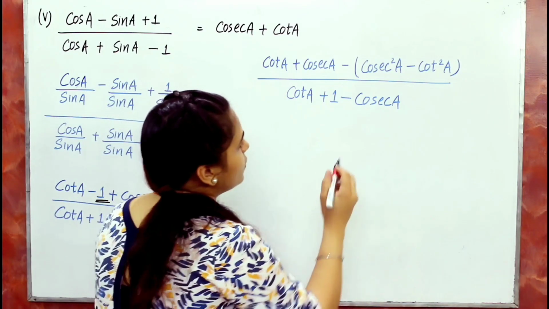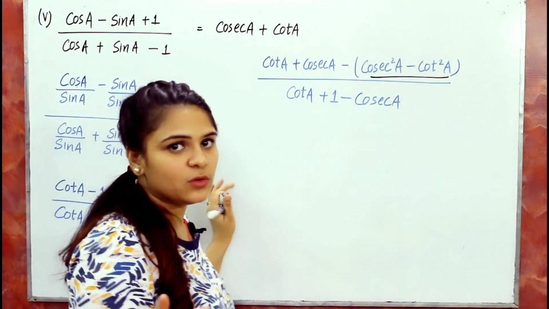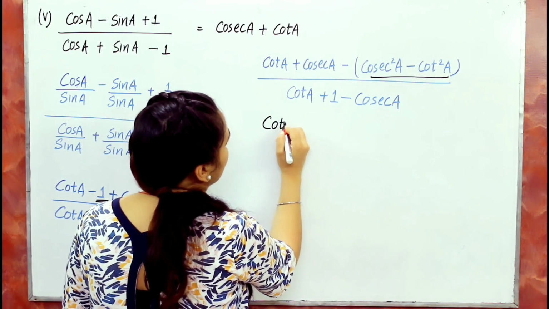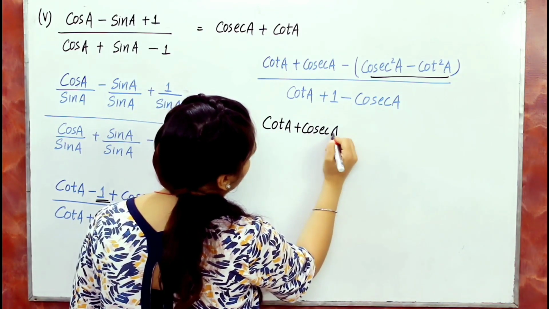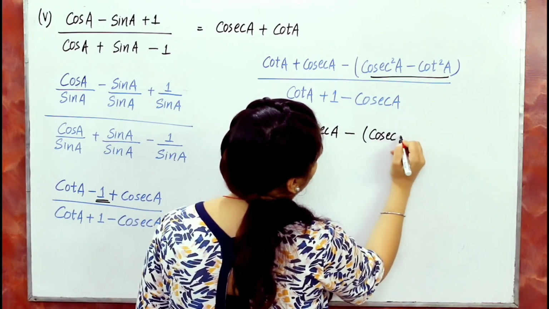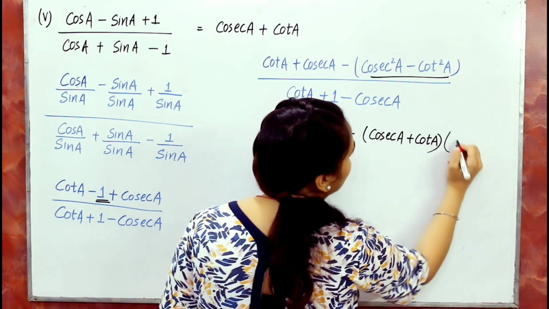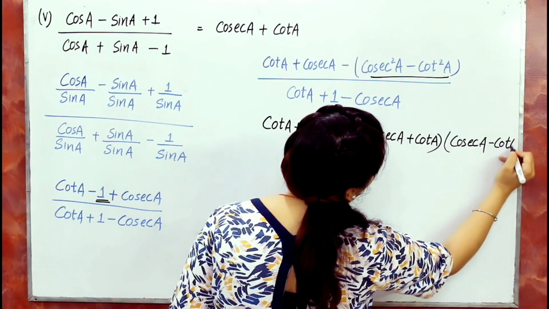Now you have to use the identity a square minus b square, which is equal to (a plus b) multiplied by (a minus b). This is (cot A plus cosec A) minus (cosec A plus cot A)(cosec A minus cot A).